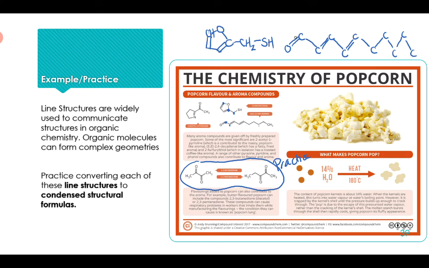This carbon has 3 bonds, and so it's going to need 1 hydrogen. Here, that's going to need 1 hydrogen to make 4. And then this one's going to need 2 hydrogens, 2 more hydrogens, and then 3 more hydrogens.